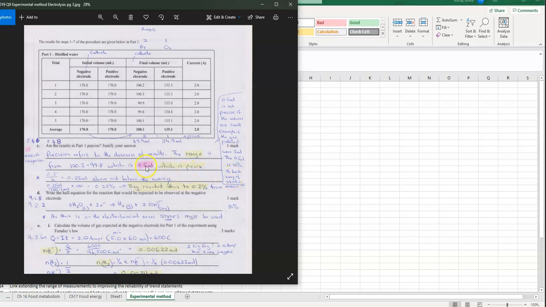So just saying the range sometimes is not really clear enough to show that they're close together. If we look at our average, so our average is 100, then we've got 0.5 on either side of the average, above and below. I mean 0.5 altogether, and then if you divide that by 2, it's 0.25 above and below.